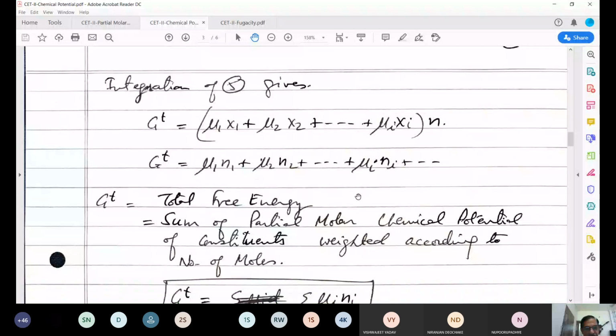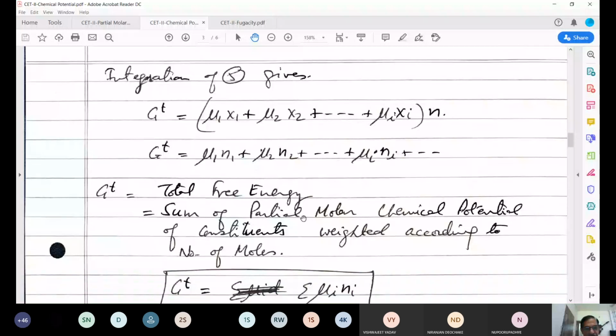So this total free energy is nothing but the sum of partial molar chemical potentials of the constituents weighted according to their number of moles: mu1 into n1, mu2 into n2, etc. for all components. Or we can write G_T is equal to summation of mu I into n_i.